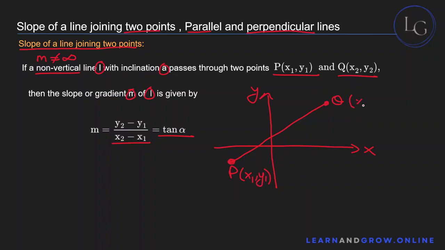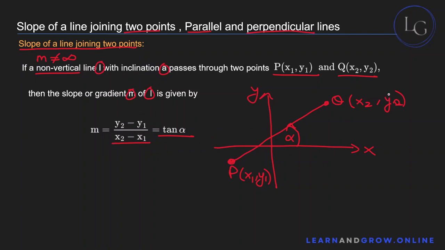Q has x2 as its x value and y2 as its y value, right? And its inclination is simply this angle here, right? Let's say it's alpha. Now you can find out the gradient of this line PQ by this formula, right?